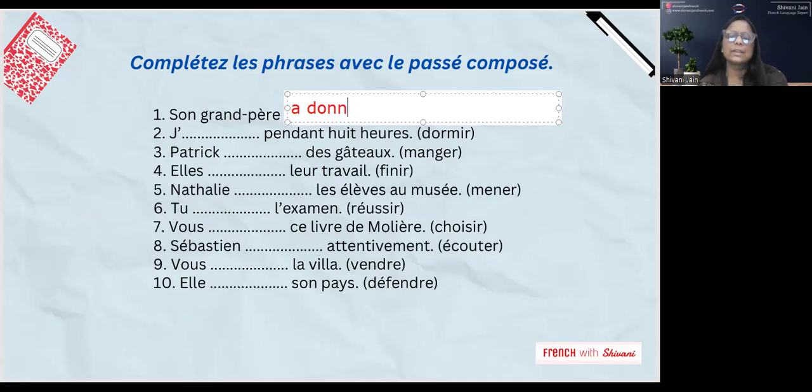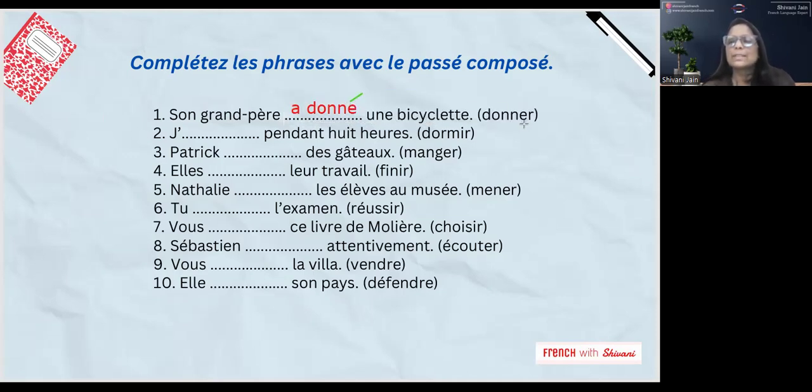So it becomes a donné. Why donné? Accent aigu because it is an ER ending verb and the rule says we cancel the R and we put accent aigu on the letter E. So, son grand-père a donné a bicycle, right? Pendant 8 heures.